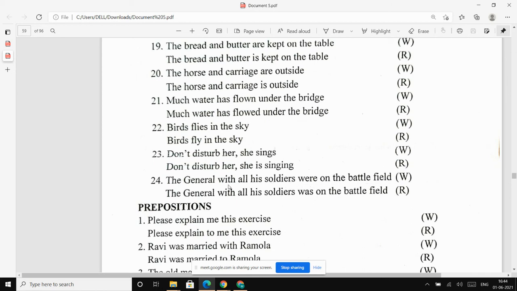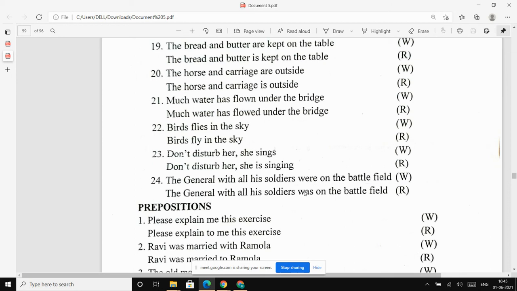But here the two nouns combined with the preposition with, then the verb agrees with the first noun. If the first noun is plural, then the verb should be in plural. If the first noun is in singular, then the verb should be in singular. That you have to remember.